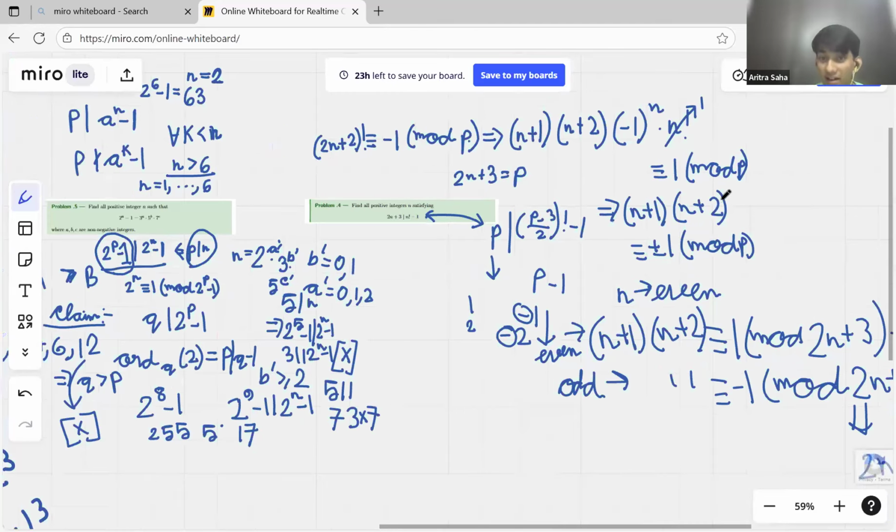The point is, if we do 2n plus 2 factorial, it is n factorial, like 1 into 2 into up to n, then n plus 1 and n plus 2 we leave as themselves, don't touch them, and take 2n plus 3, that term, as minus n mod 2n plus 3. 2n plus 4 as minus n plus 1 mod 2n plus 3.